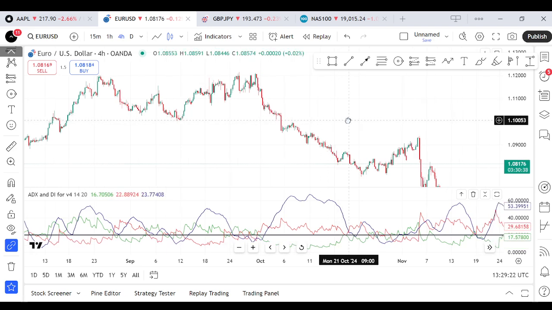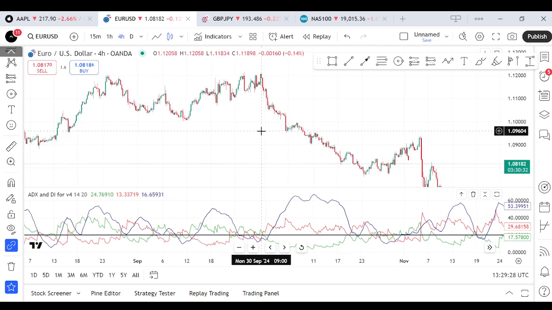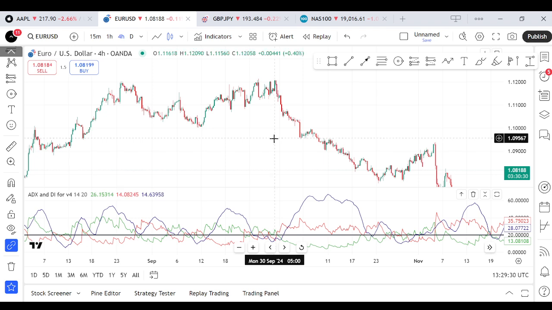Now, for the strategy, the first step is to identify strong trending markets. And how can you do this? You can use the ADX to do this. The first rule of the strategy is to only trade when the ADX is above 25, confirming a strong trend is present. This single filter will help you avoid the frustration of choppy, range-bound markets where most traders lose money.